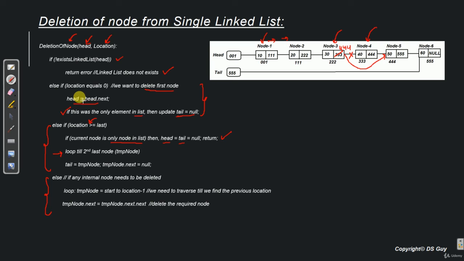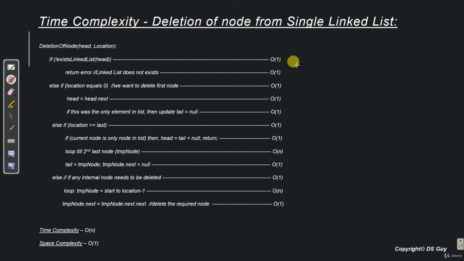So now that we have understood how the algorithm works, let's see what is the space and time complexity of this algorithm. Checking if the linked list exists or not will take order of 1 time. If the node to be deleted is the first node, then we are updating some reference variables, which will take constant time. Similarly, if we want to delete the last node, checking that will take order of 1 time.